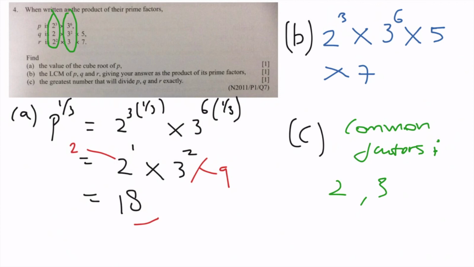Obviously 5 is not a common factor because it's only in Q. 7 is also not a common factor because it's only contained in R but not in P and Q. The question asks for the greatest number that will divide P, Q and R exactly. And you see over here the greatest number is 3, right? 3 is higher than 2. So therefore the answer is 3.